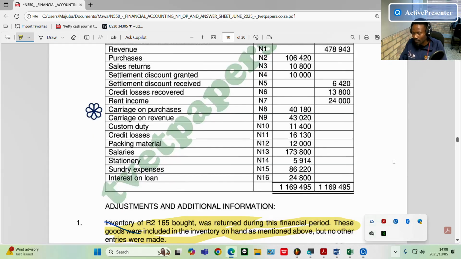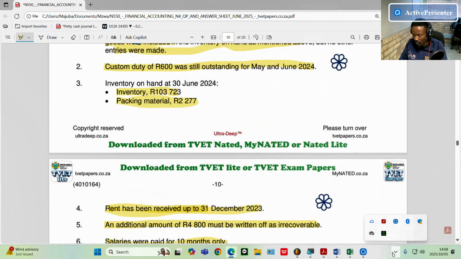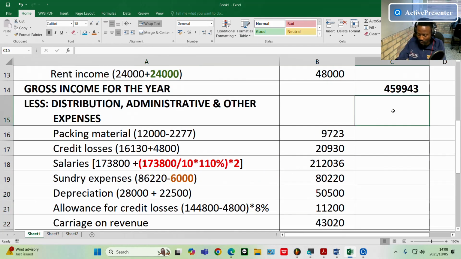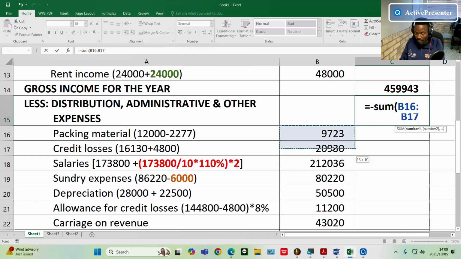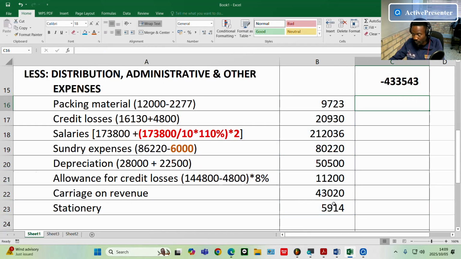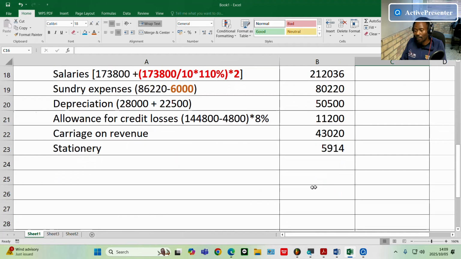We actually did everything there is to do. Now let me just total the expenses. Okay, I got 433,543.